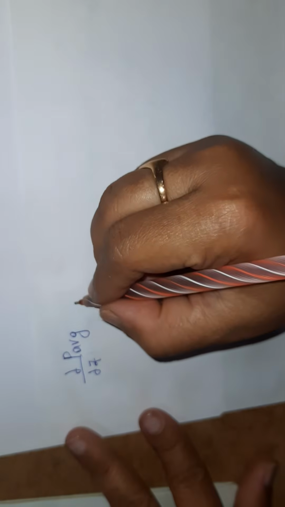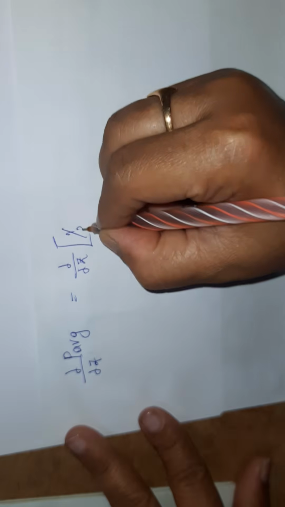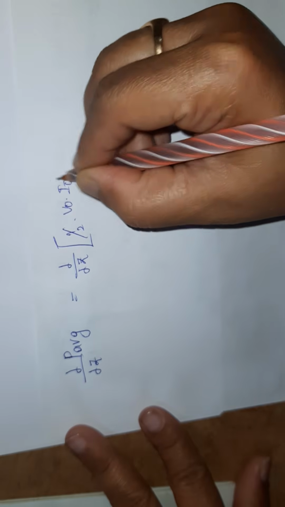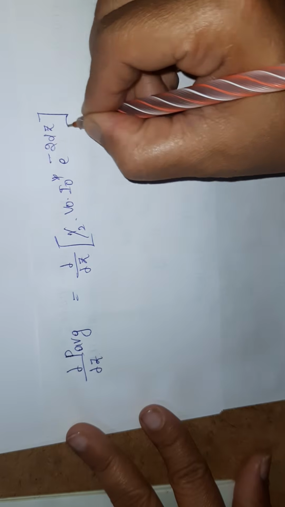So the differentiation of P average with respect to z is dou by dou z of half of V naught I naught star e power minus 2 alpha z.